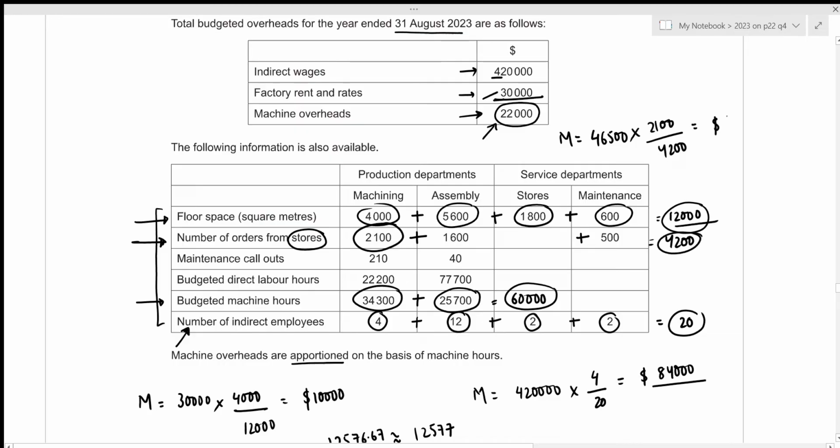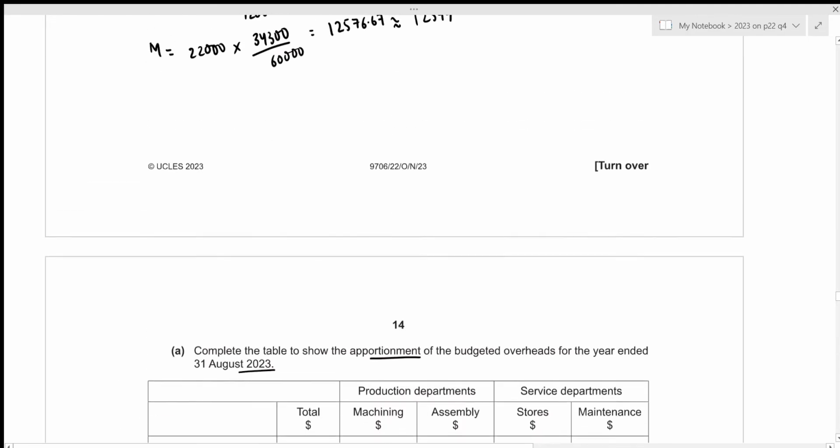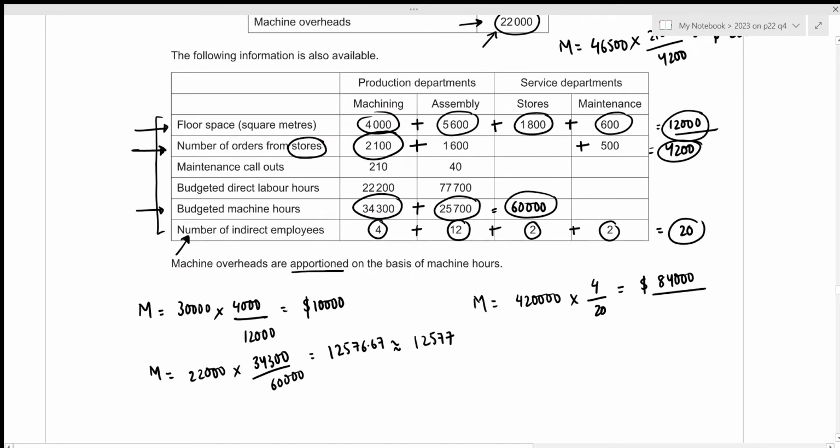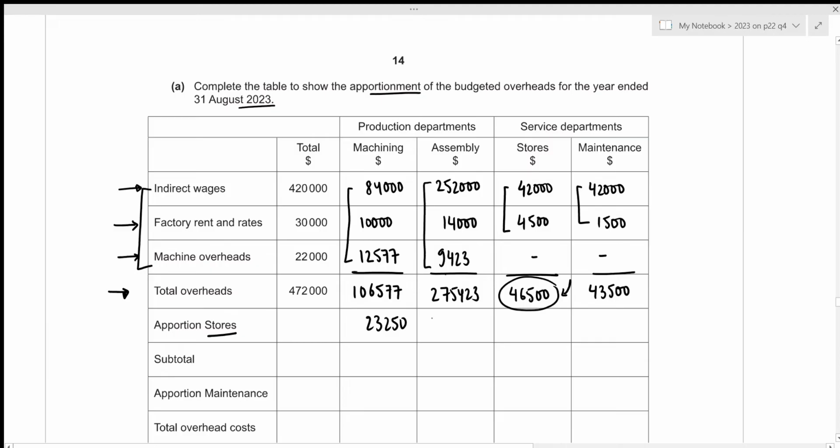This results in the amount of 23,250. Now we repeat the same process for our assembly department. So that's going to be 46,500 multiplied by 1,600 divided by 4,200, which results in the amount of 17,714.28, but we can just round it off as 17,714.